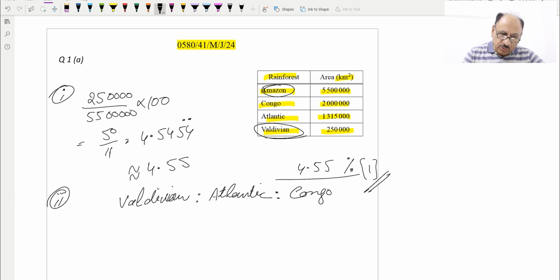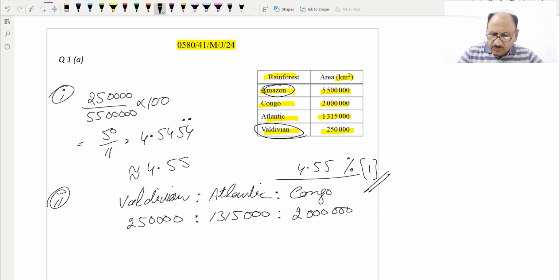So these ratios we have to write. So we'll write the respective numbers. So 25 and 4 zeros, and Atlantic will be 13 15 and 3 zeros, and Congo will be 2 and 6 zeros.